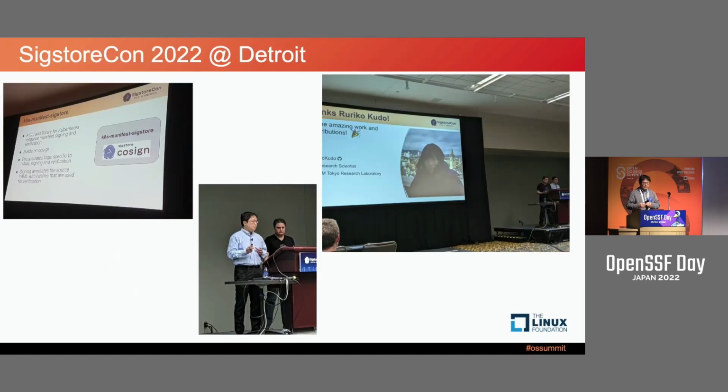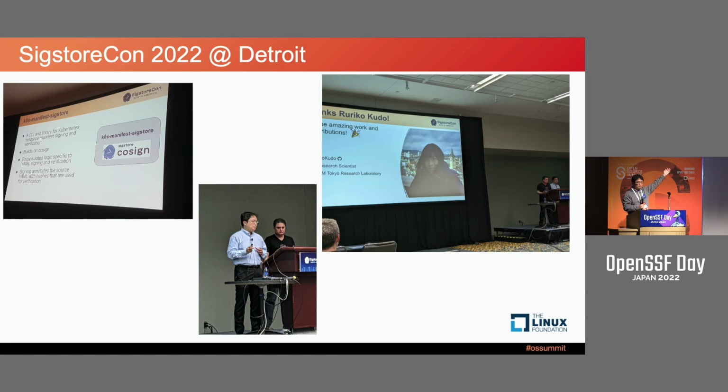Then I presented at SigstoreCon this year in Detroit last month. This person is Jim Bagwadier from Nirmata. He is one of the key contributors to Kyverno, and he and I presented this new work at SigstoreCon this year.